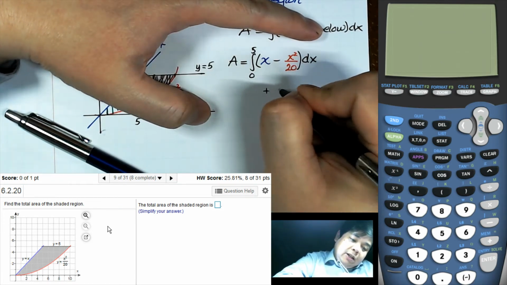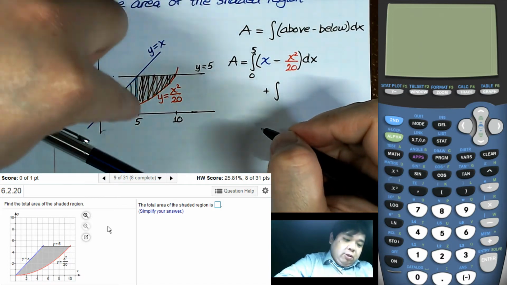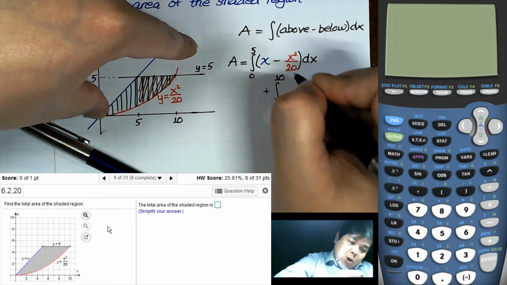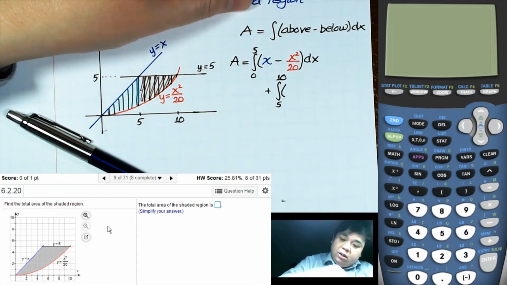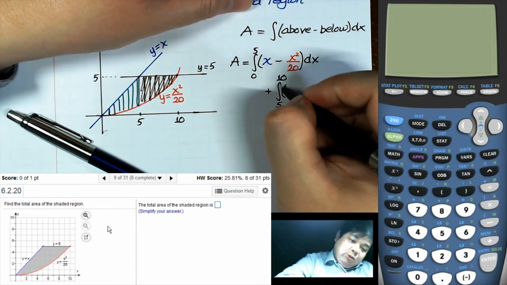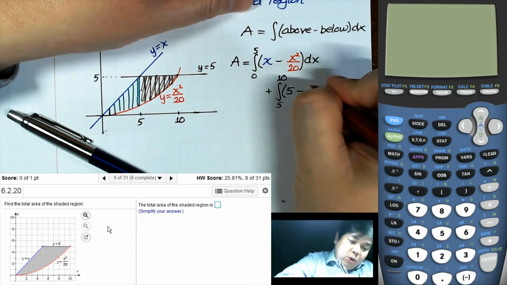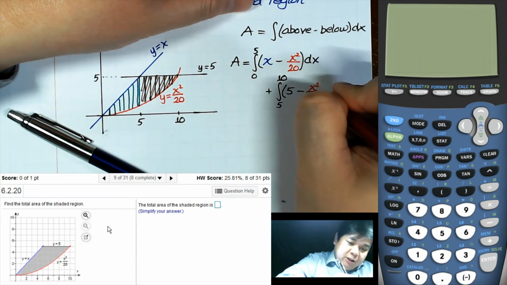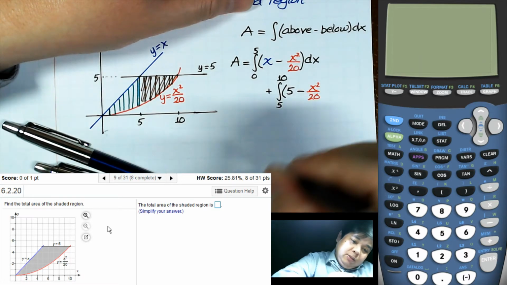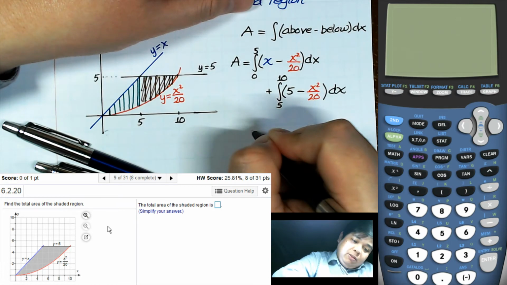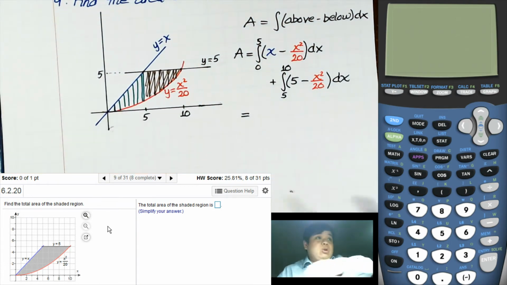And then we have to go from 5 to 10, where the function on the top is y equal to 5. The function at the bottom is x squared over 20, dx. Right. That's how we set it up.